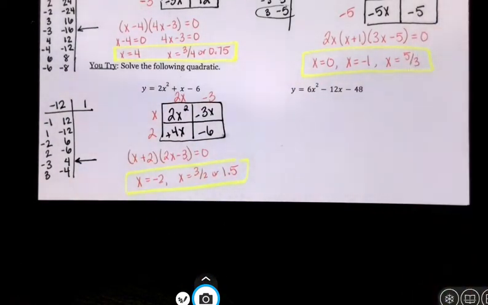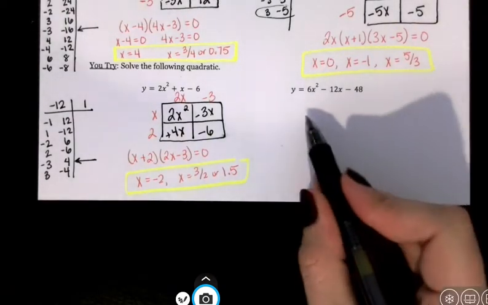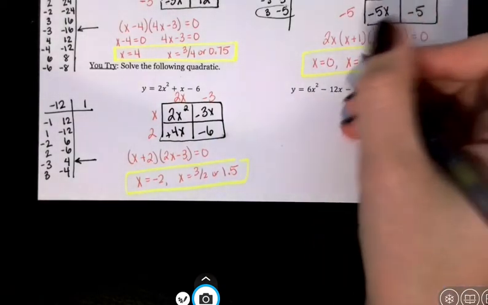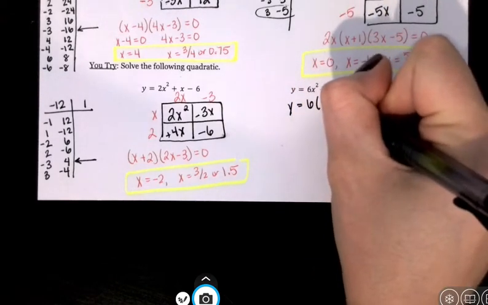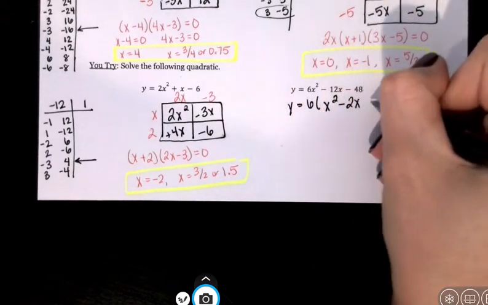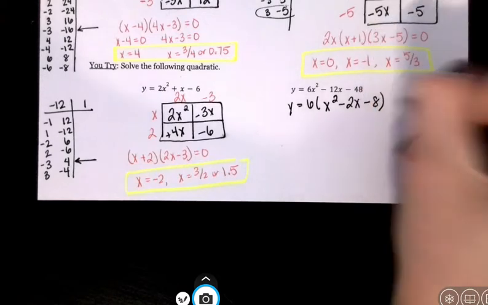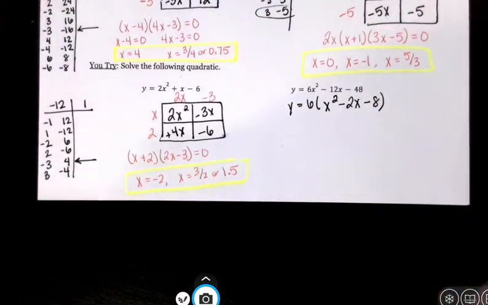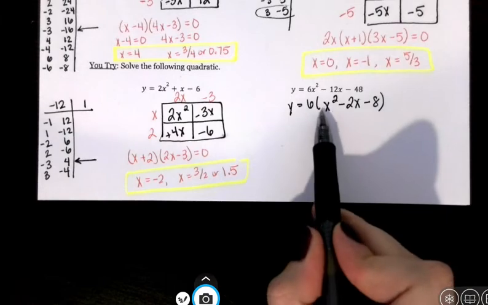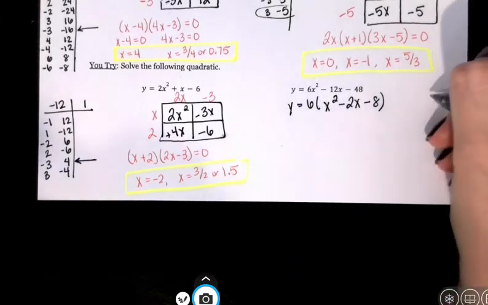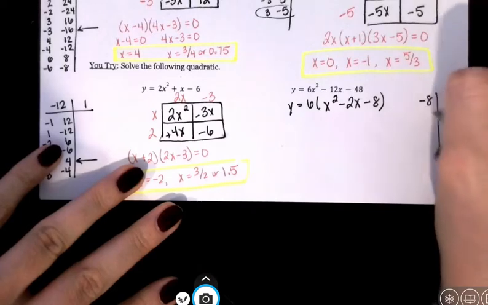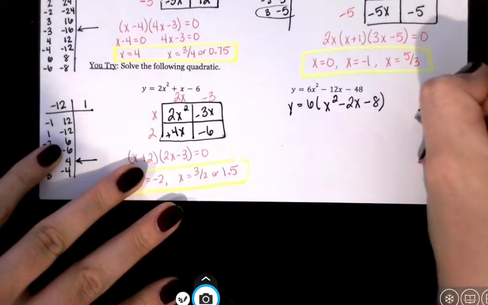For this one, oops, I keep grabbing the wrong pen. I noticed that my GCF is actually 6, so I can factor that out first. Maybe that'll make it easier. And that actually does, since my A value is now 1, I can make my t-chart numbers that multiply to negative 8 that add up to negative 2.